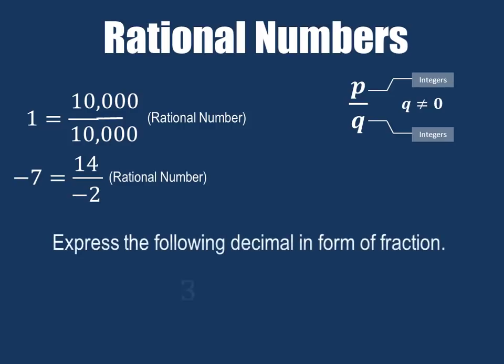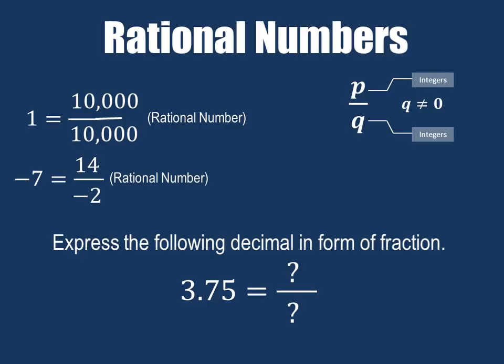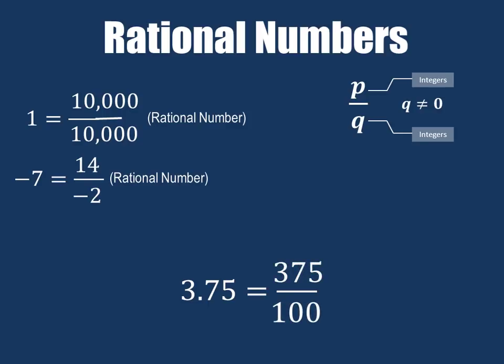Next, express the following decimal in form of fraction. 3.75 can be represented as 375 over 100, or this could also be reduced to have 15 over 4, which is another possible representation of 3.75 in form of fraction.